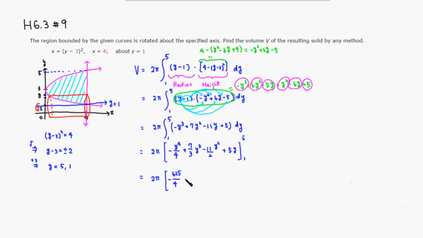And plus, over 3, 7 times 5 cubed. 5 times 5 is 25, 25 times 5 would be 125, and you have to multiply by 7. So 7 times 5 is 35, 2 times 7 is 14, so 875.